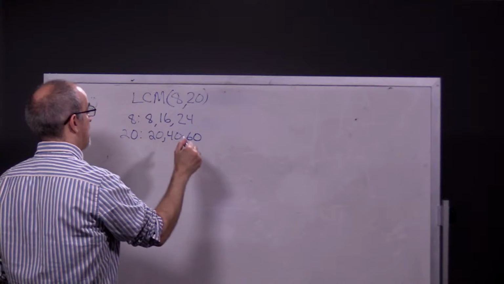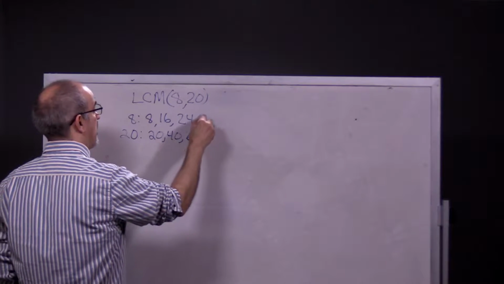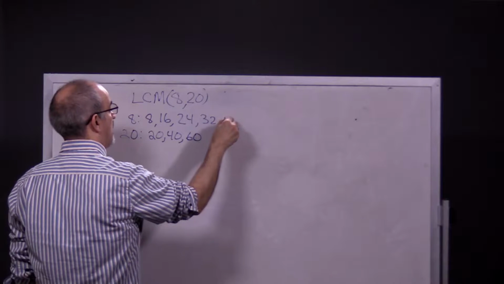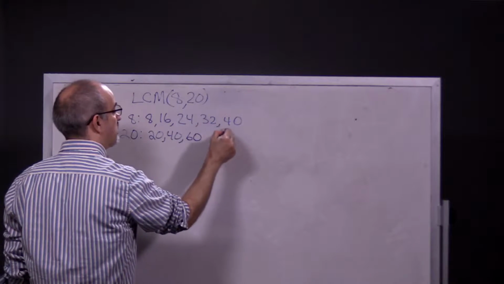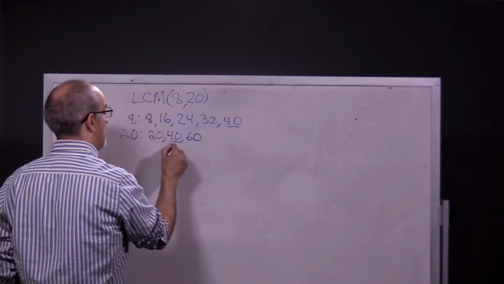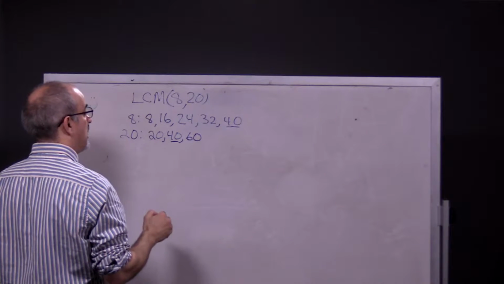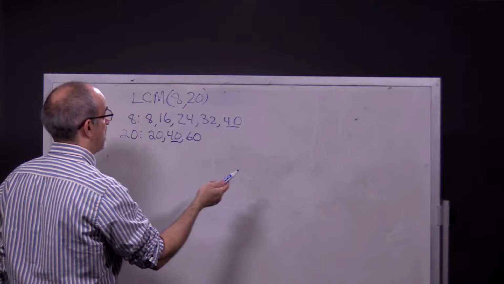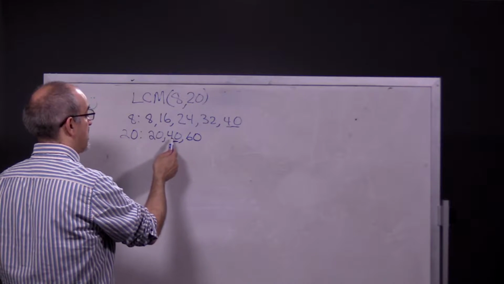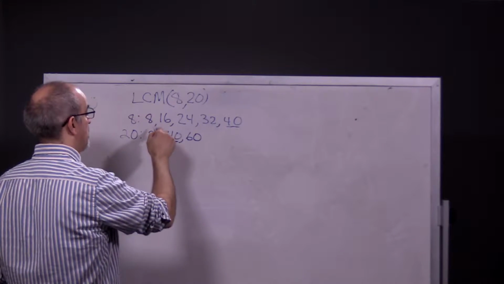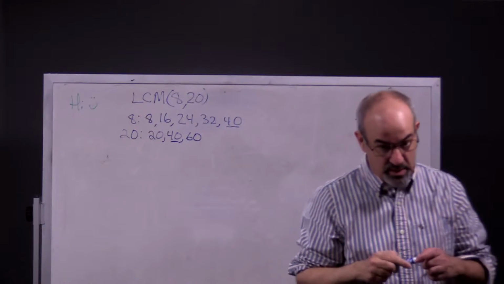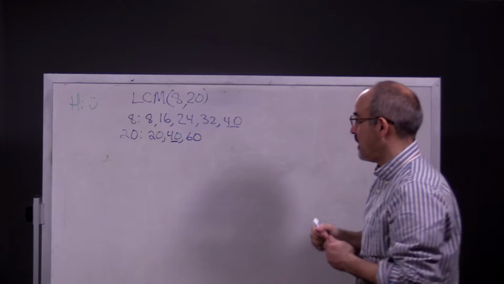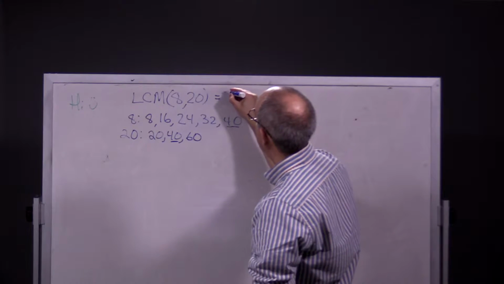I don't see any common ones yet, so I'll do 3 more up here. Now I would do 3 more, but once I get to the second one, I see that we have a common multiple. And it's the least common multiple. There's nothing less than 40 that's in both rows. So 40 is the LCM of 8 and 20.